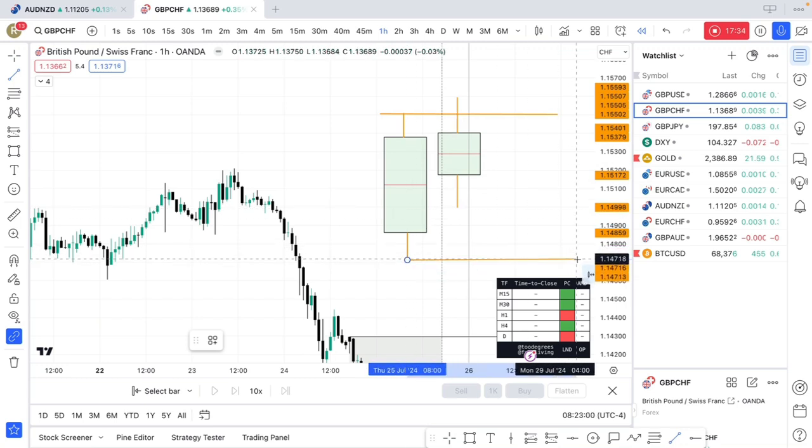So now this becomes what? The high of that becomes a high.